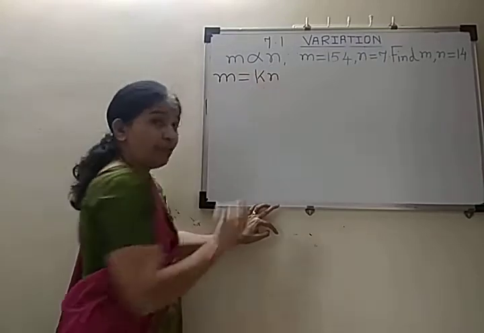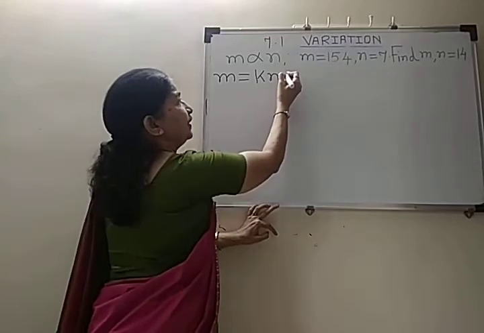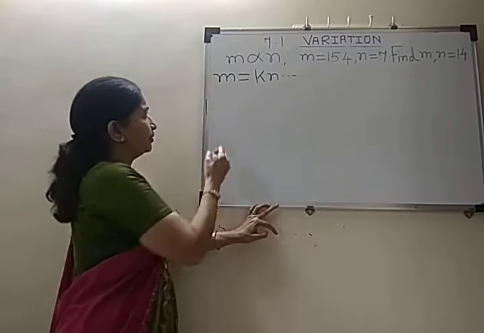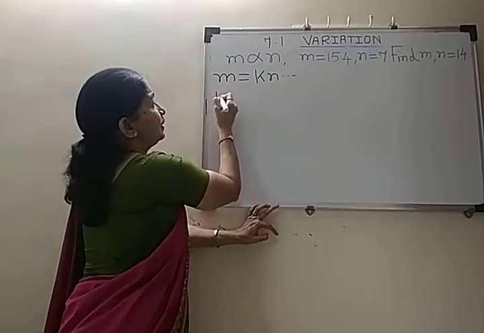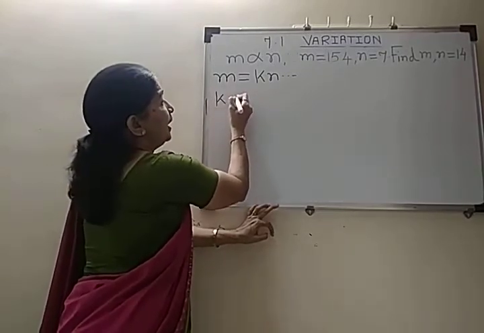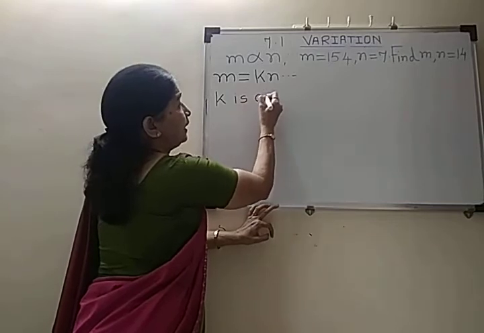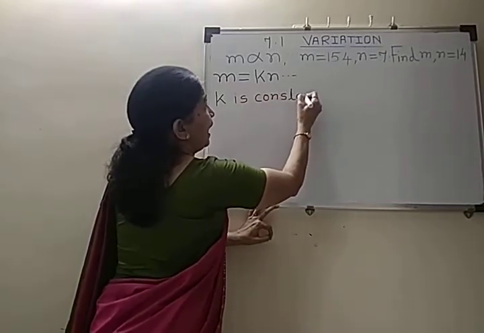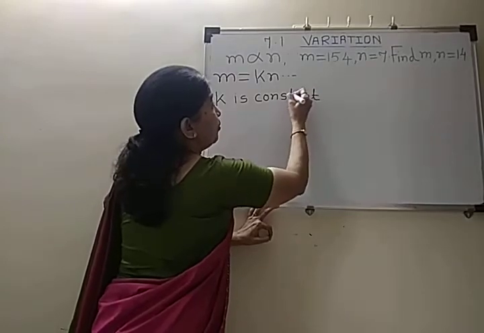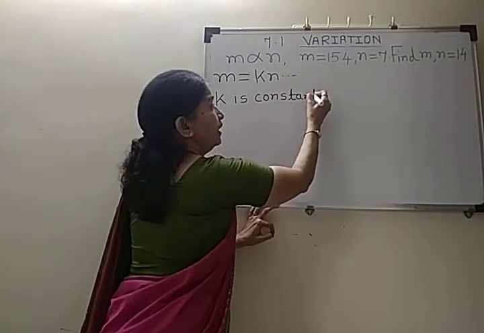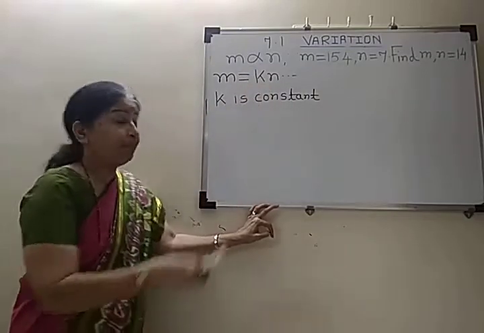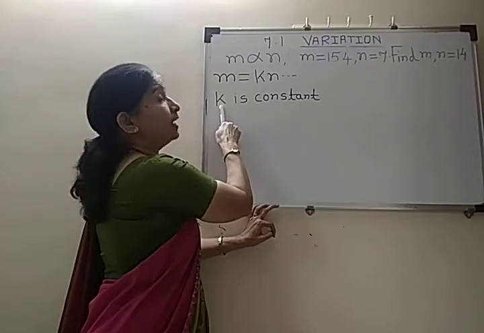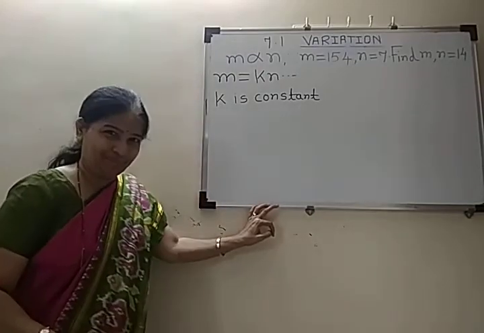And without fail, I will write here, k is constant. That explanation we have to give: what is this k, and from where we got this k. We have to write that k is constant.